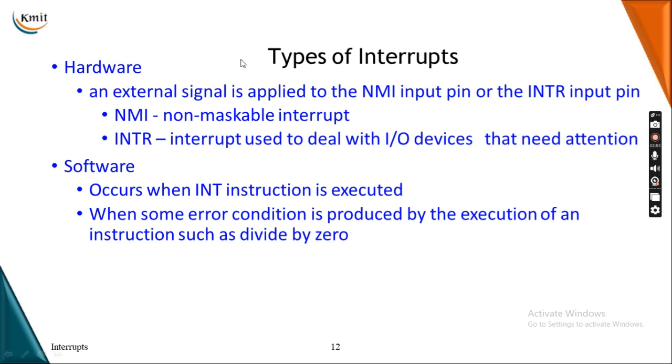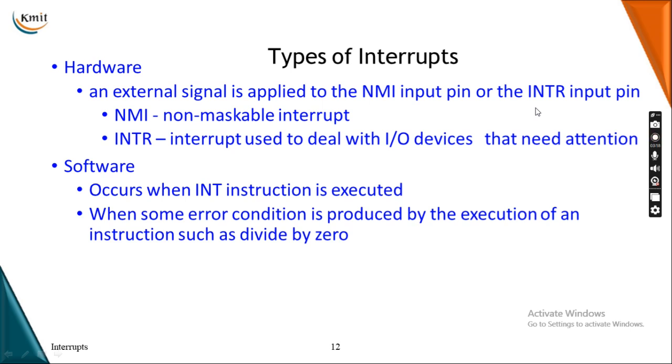Types of interrupts, as I told you, are hardware and software. For hardware interrupts, an external signal is applied to the NMI input pin or the INTR pin. NMI is the non-maskable interrupt, and INTR is the interrupt request.